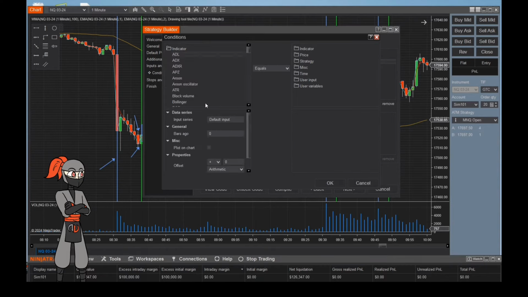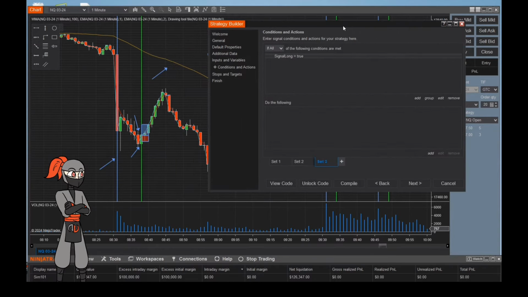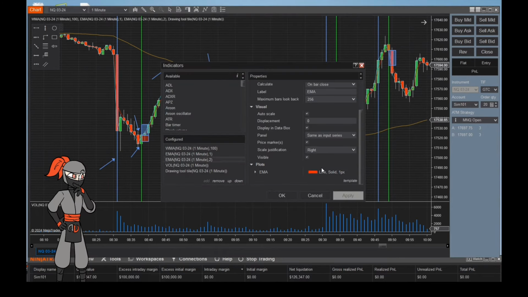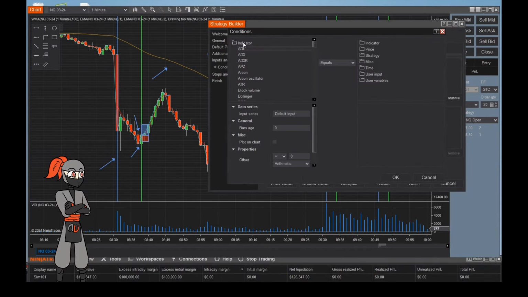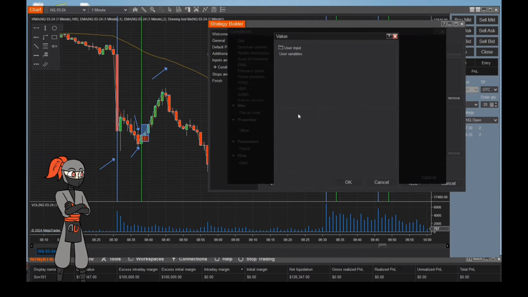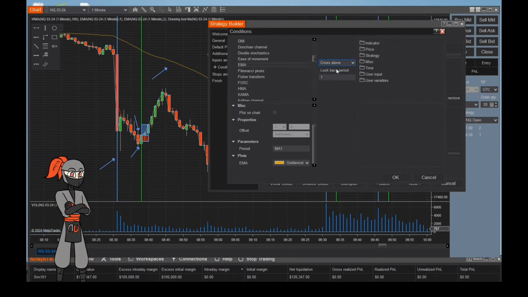Alright. Now, if our signal long is true, and we go to our, hold on, let's just double check real quick, make sure we have the right values here. Alright, yes. So our EMA2 is set to a value of 2. So first, we'll go to our EMA1, so our moving average 1.